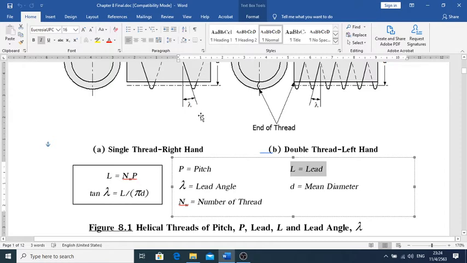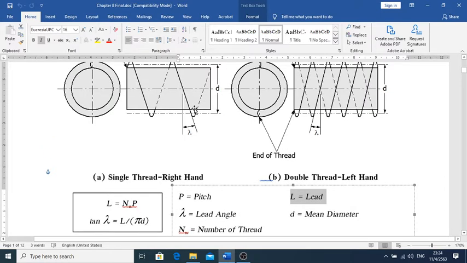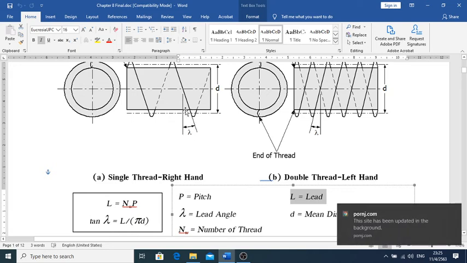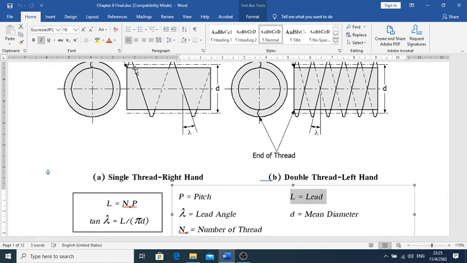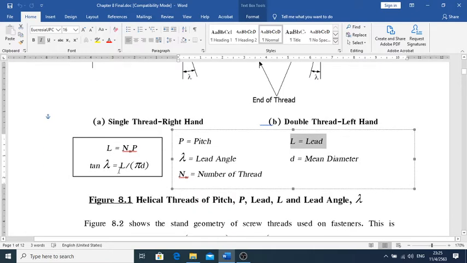Another thing is lambda, the lead angle. It shows the vertical axis and the inclination of the thread with the vertical line, which we call the lead angle. And tan lambda is equal to L over pi d.